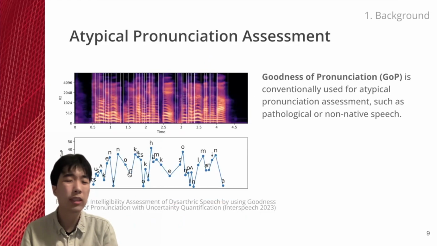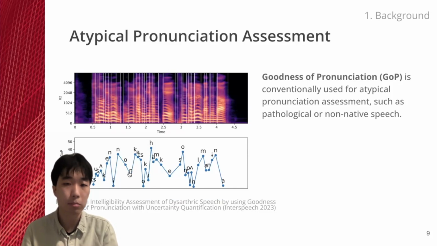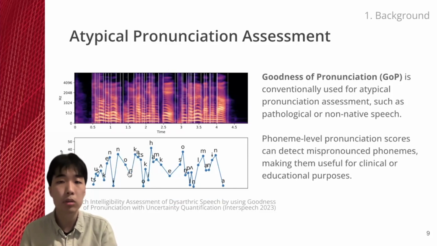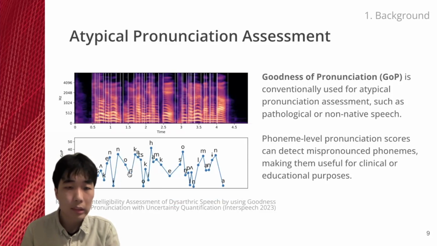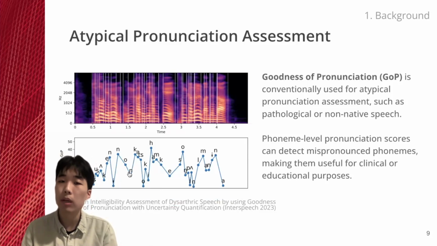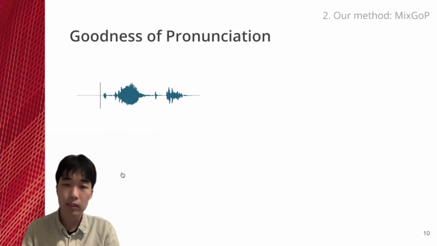We use it for atypical speech, such as pathological, like dysarthric, or non-native speech, because GOP shows which phonemes are mispronounced and to what extent each phoneme is mispronounced or atypical. For example, in this figure, low-scoring phonemes such as t and o are the ones that are pronounced more atypically than others.